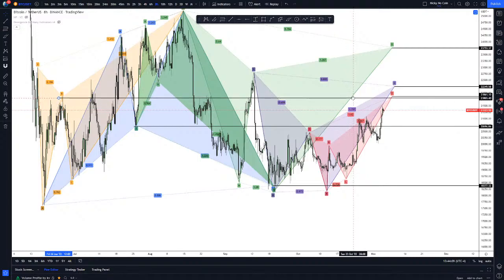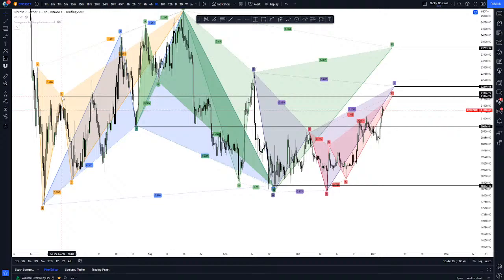You see how this B point right here, this wick right here, where the B point on this harmonic is, if you tag that over, it lines up perfectly with this butterfly harmonic. So we know that's going to be a tough spot to push past, especially with these candle wicks here. It was resistance right around here, resistance here. So that's a spot to watch out for.